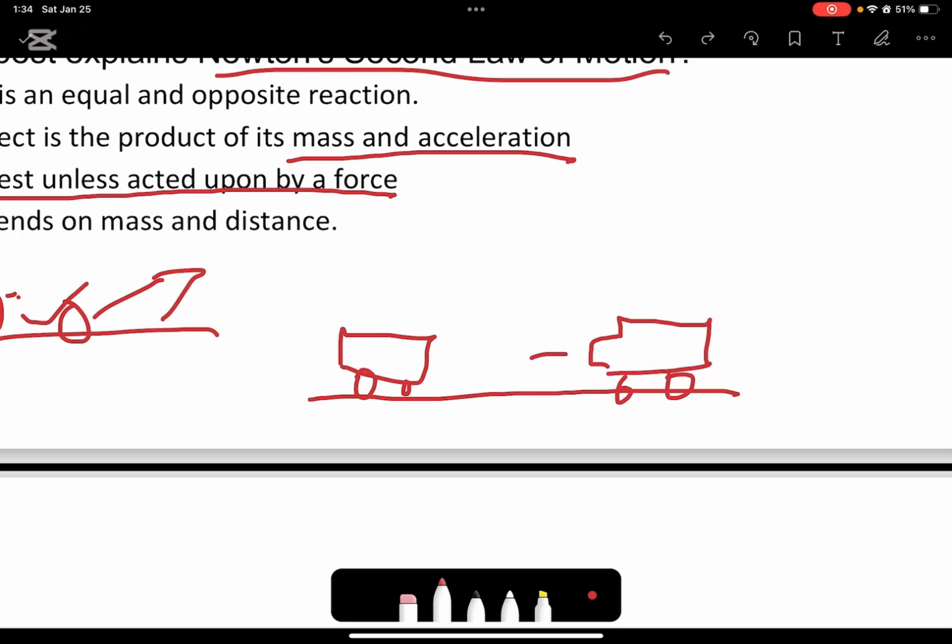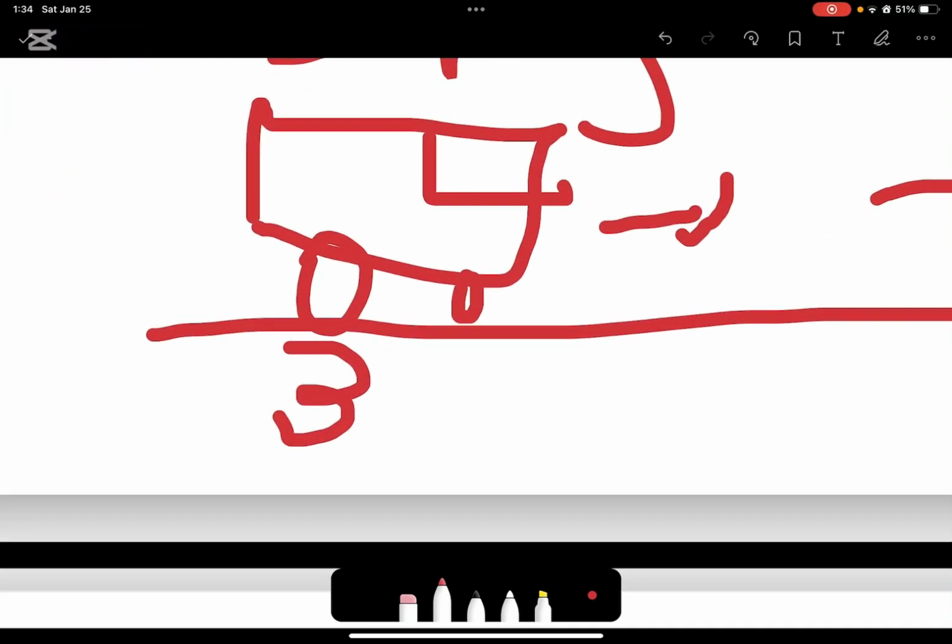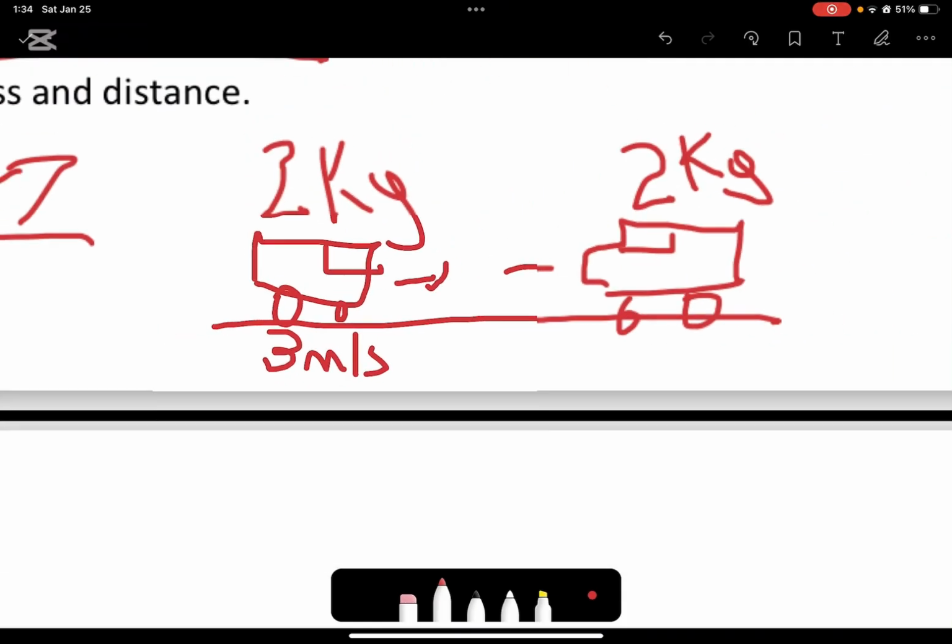Imagine this car is 2 kilograms of mass. And this one is also a 2 kilogram mass. And this guy is moving at 3 meters per second. Let me draw 3 meters per second.